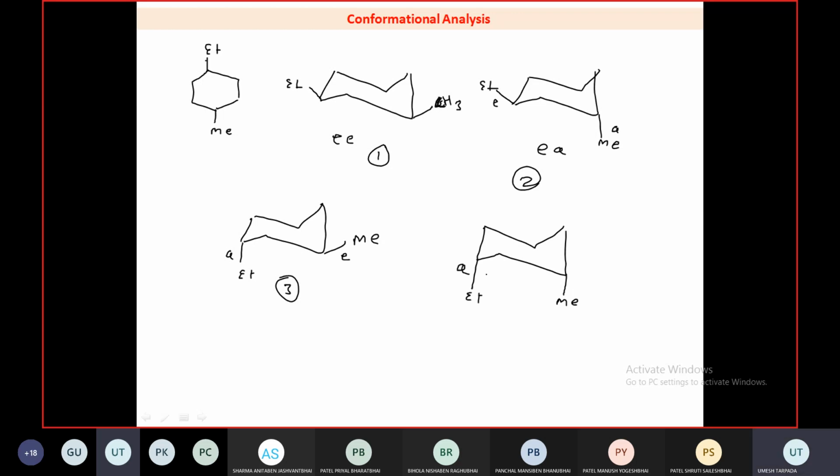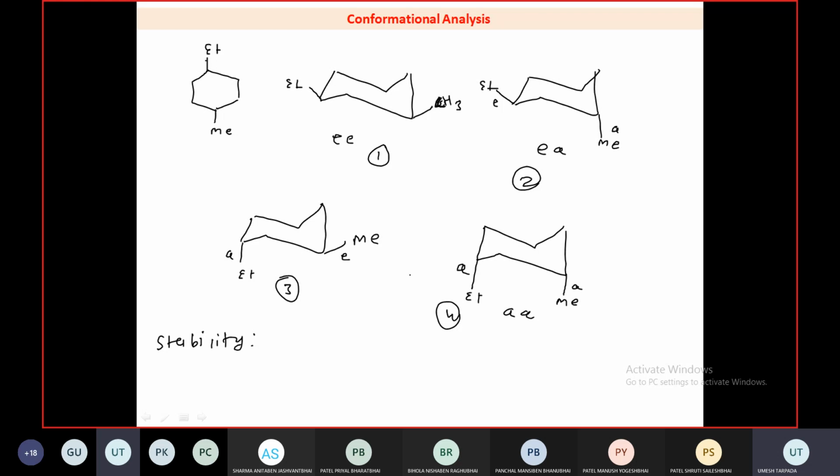Write it down in the chat box. I have already given the numbers. Steric interaction is highest in the axial position. Now you tell me the number 1, 2, 3, 4. Which one is more stable? What is the stability order? Write it down in the chat box.